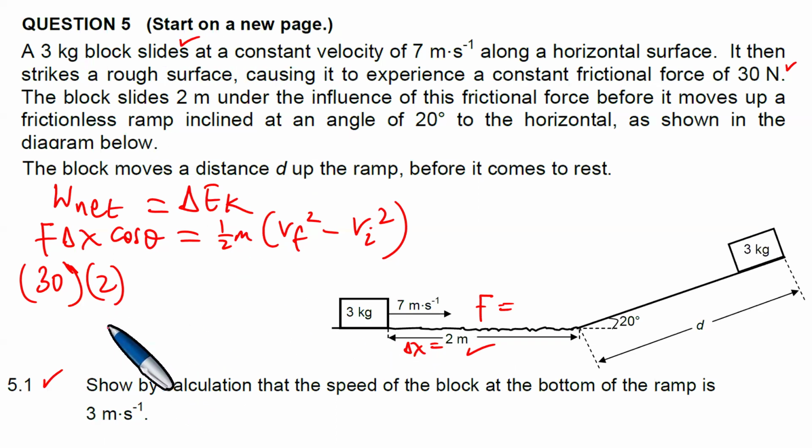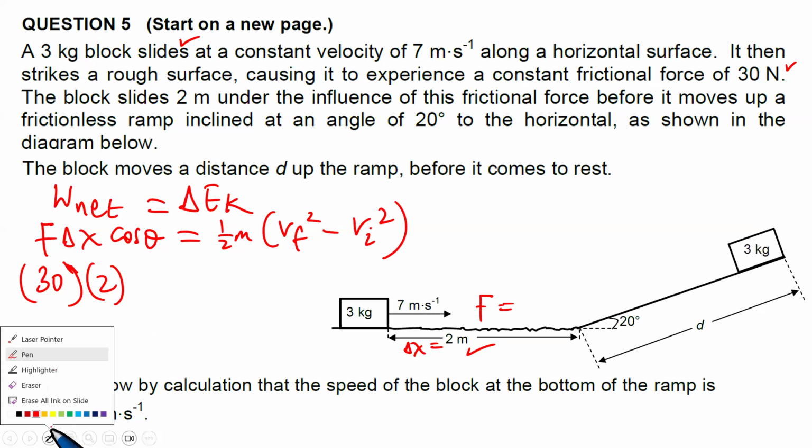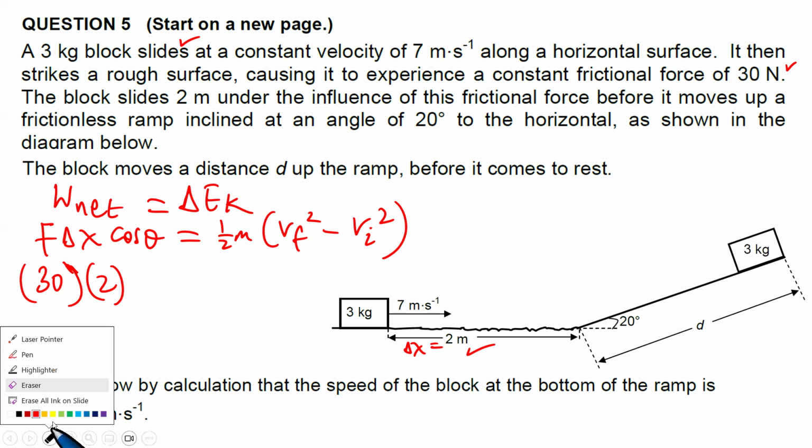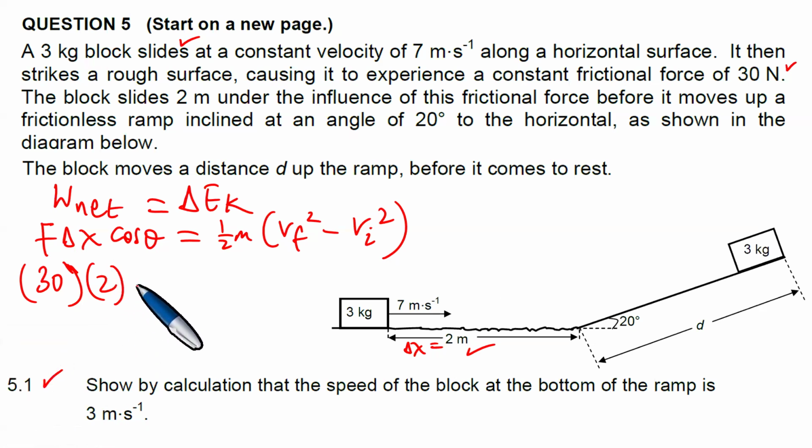So take note of that, and let us do a couple more things here. What else do you have? You have the cosine. What is the angle? As the block slides here, friction is the only force acting in the opposite direction, so it is the net force.